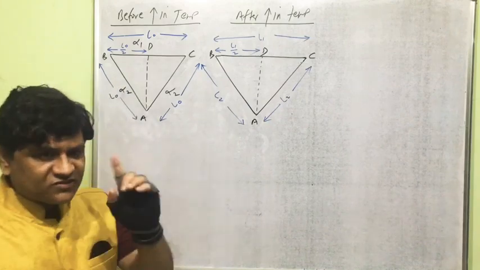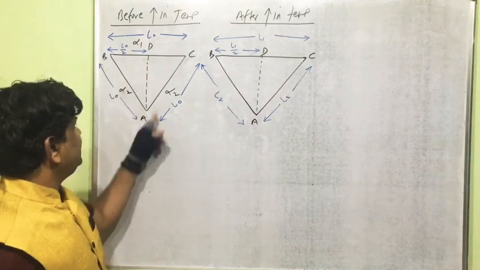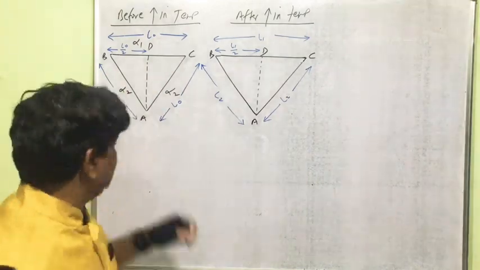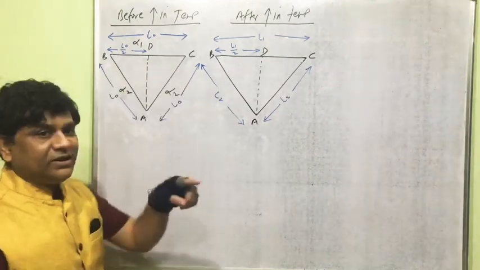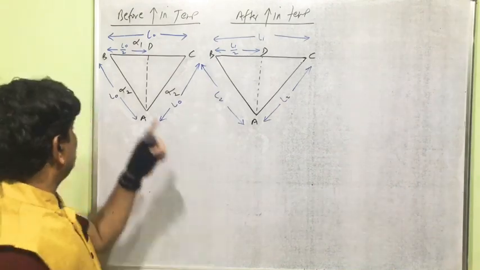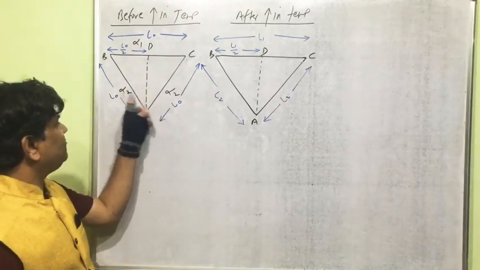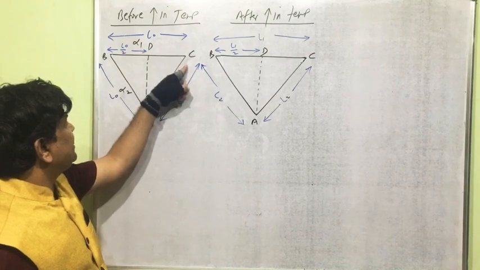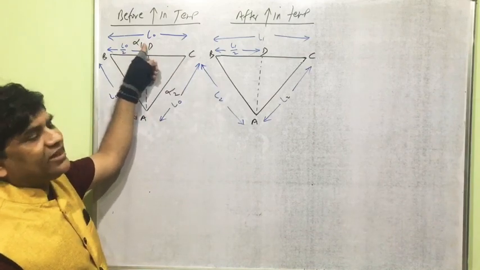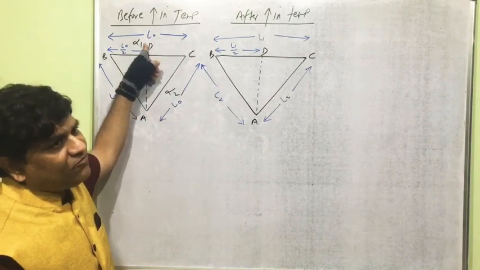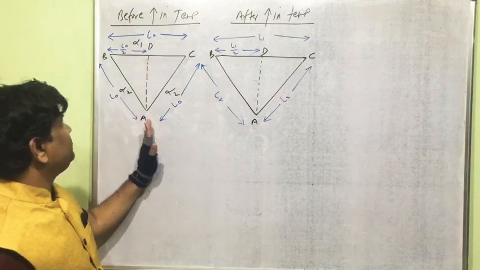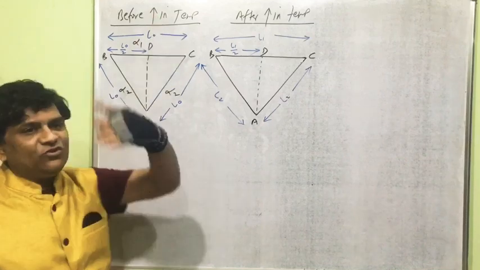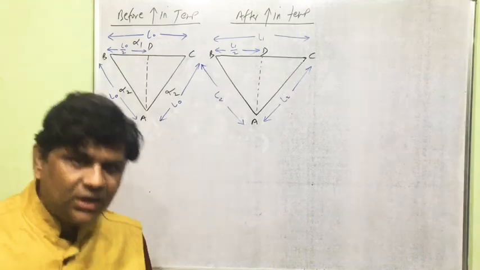AB and AC are both made of the same material, of coefficient of linear expansion alpha 2, and BC is made of coefficient of linear expansion alpha 1. This is the diagram before rise in temperature.